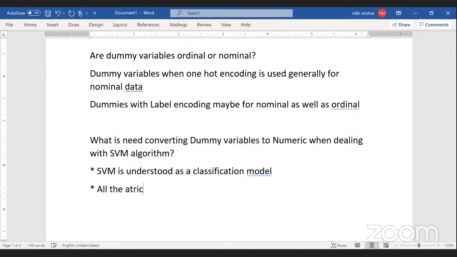All the attributes have to be plotted in n-dimensional space.